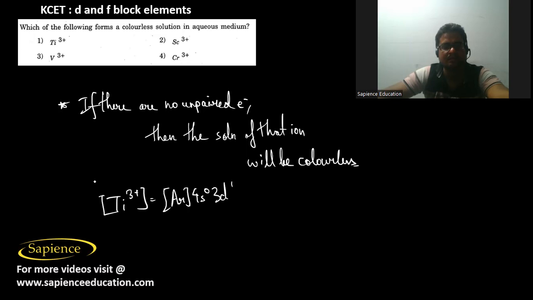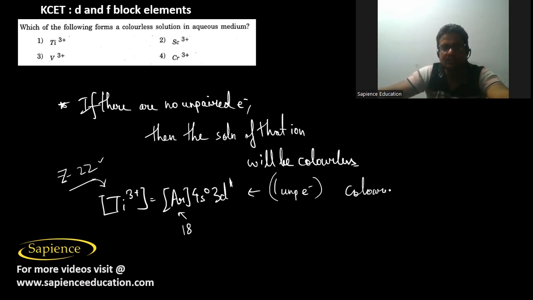Since for titanium the atomic number is 22, and argon's atomic number is 18, we need 4 more electrons, so it will be 4s2 3d2, and since it has lost 3 electrons, its charge being 3+, it will be 4s0 3d1, so it has one unpaired electron. So it will give a colored solution.